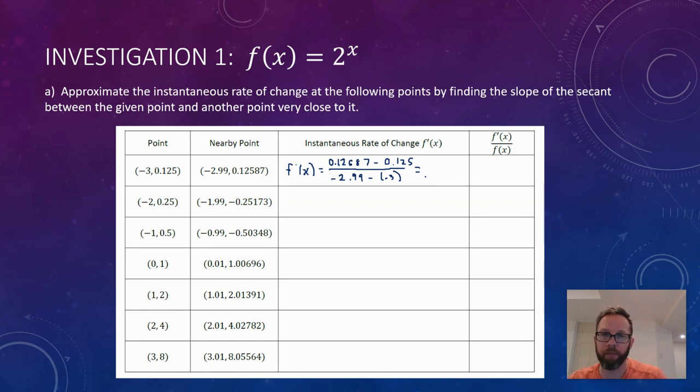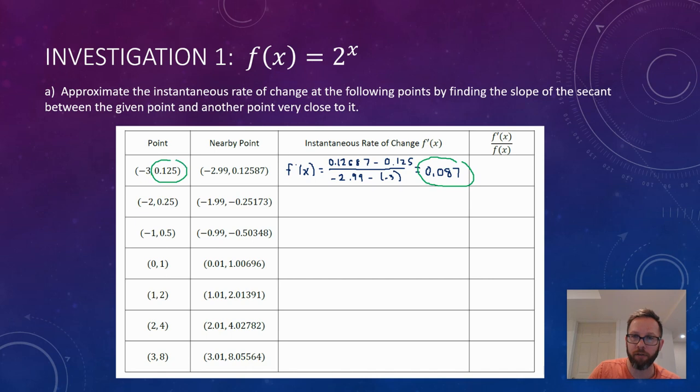So we get 0.087. That would be the value of the derivative at x equals negative 3 for 2 to the power of x. The slope of the tangent line is about 0.087. And you're going to do that for all 6 other points. One other thing I'm going to have you calculate is the ratio between the derivative value and the function value.